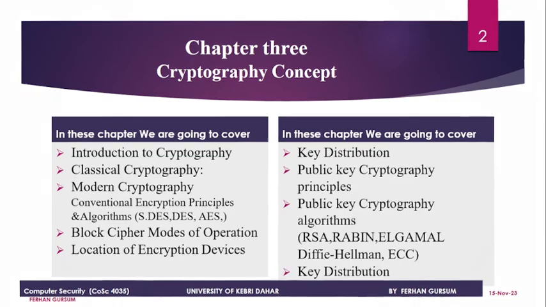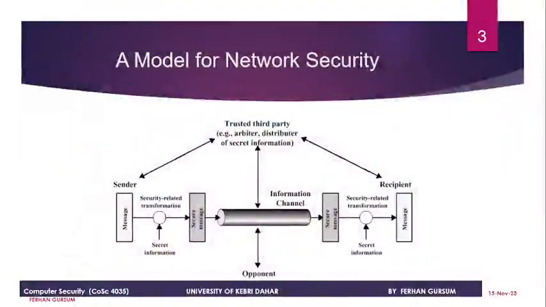So let us start. First of all, this is a model for network security. If I say draw a model for network security, you have to draw this diagram. There is a sender on the left hand, as well as a recipient or receiver. The sender may send some message, which means a security related transformation will be there.